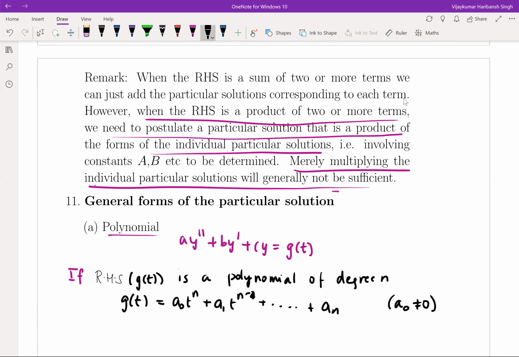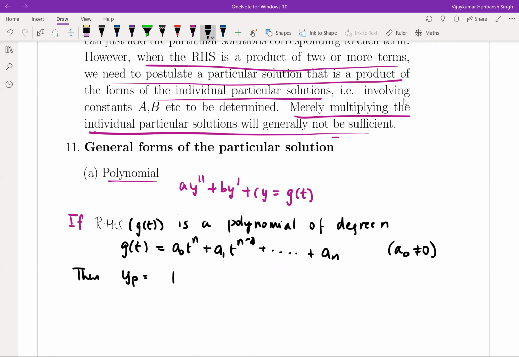Then yp is of the form t to the power s times capital A0 t to the n plus A1 t to the power n minus 1 dot dot dot An. Now note that these coefficients are different. You have this extra multiplication by t to the s.